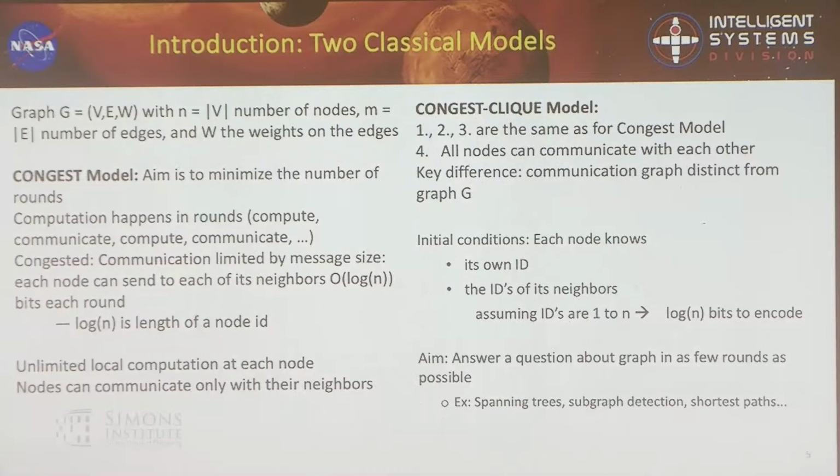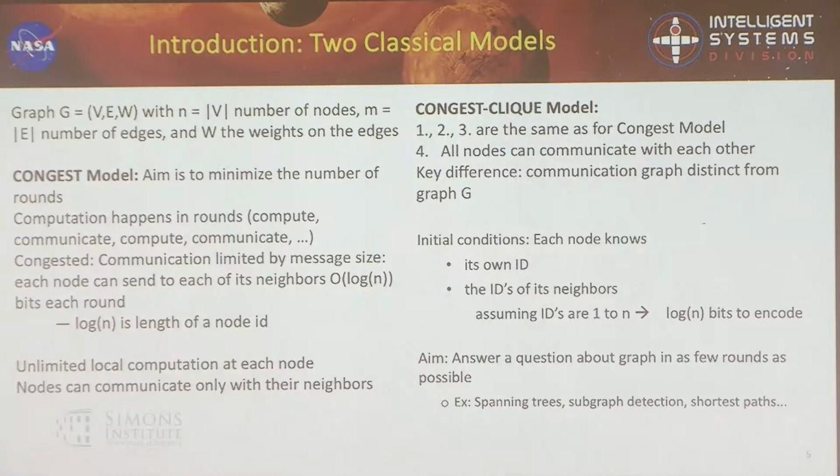We're going to assume unlimited computational capability at the nodes, also unlimited memory, but the communication is limited by message size. We're going to assume that each neighbor can send order of log n bits each round. The log n is because of the ID tag for one of those nodes. If you have n nodes, an ID tag for that would be log n.